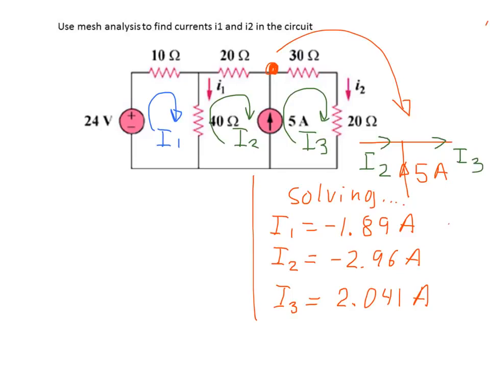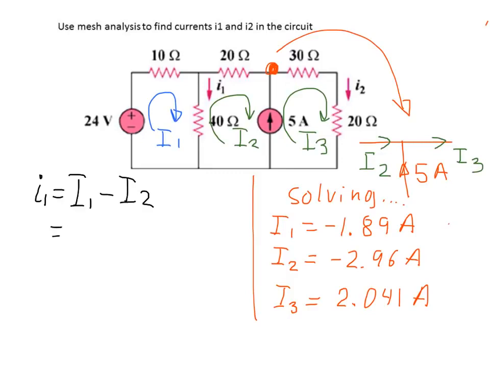Again, looking into current I1, there are two currents which contribute to the total value of the current I1. These are mesh current I1 and mesh current I2. Looking into the direction of the current I1, we can see that the current I1 equals mesh current I1 minus mesh current I2.